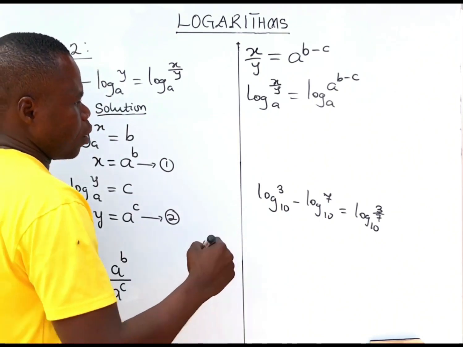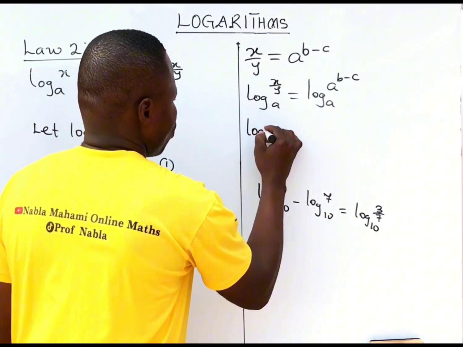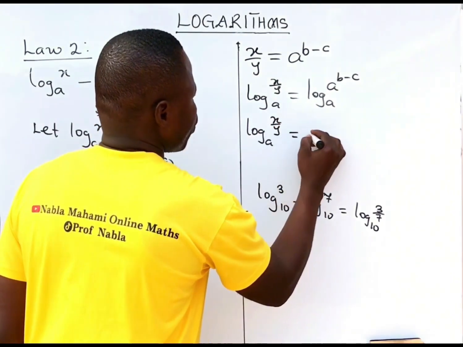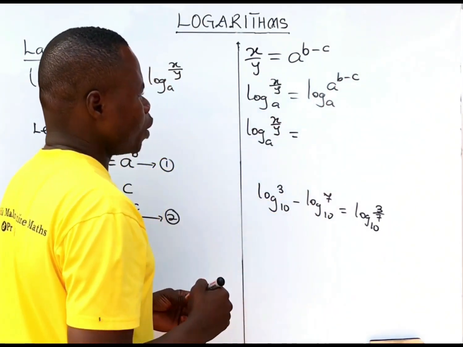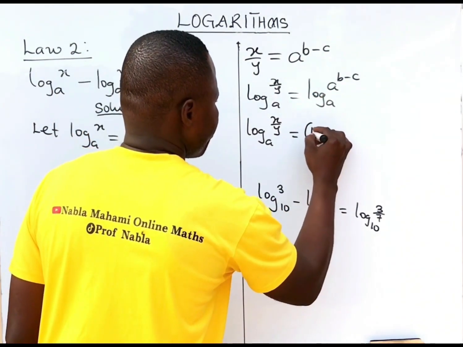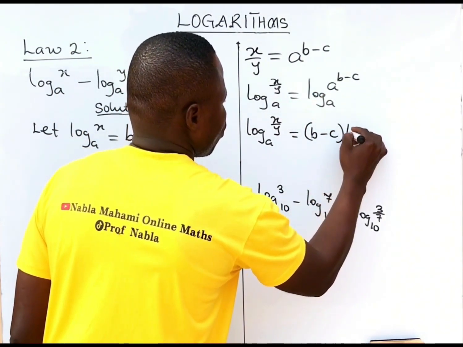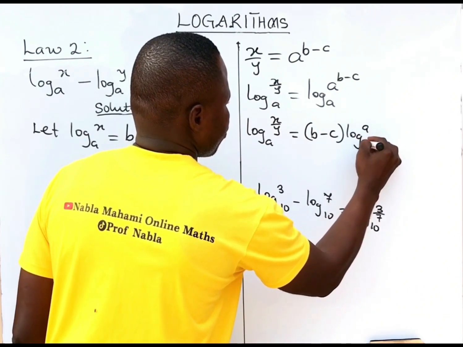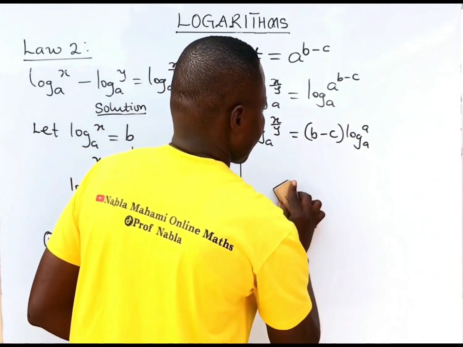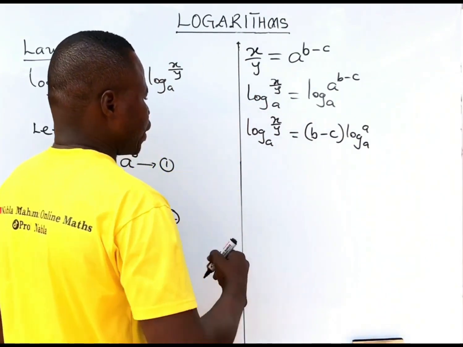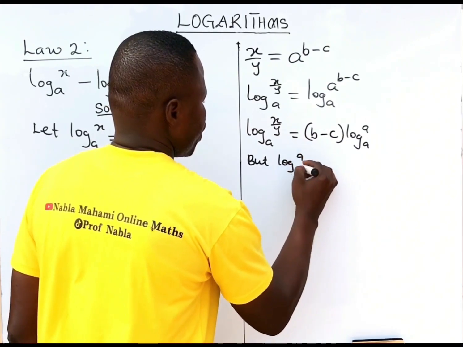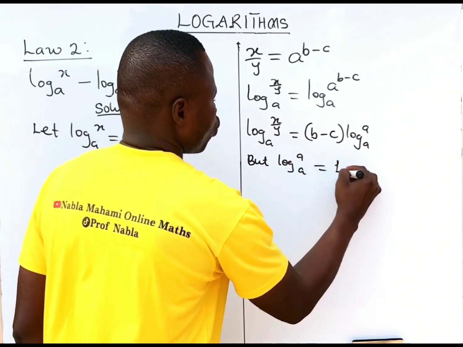I can write this by saying that log base a, then x over y should be equal to this b minus c will come and multiply the whole log. So I have b minus c, then log a base a. But log a base a is equal to 1.